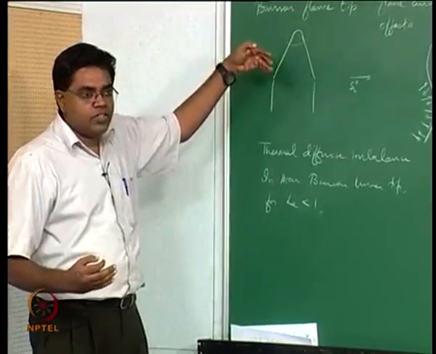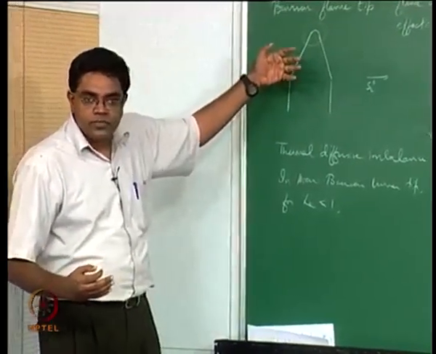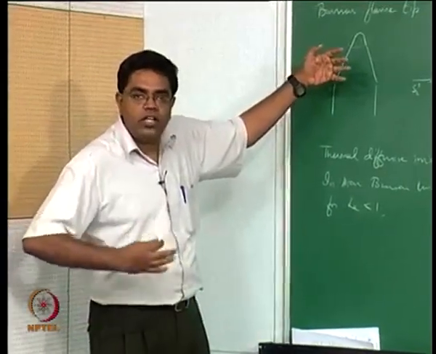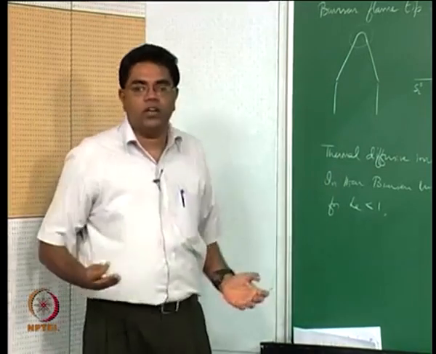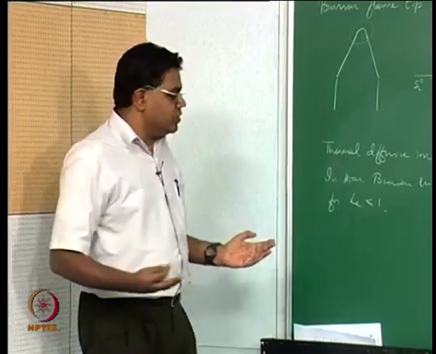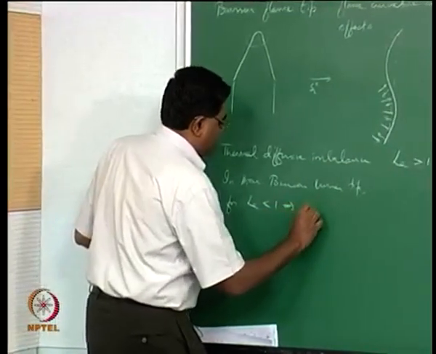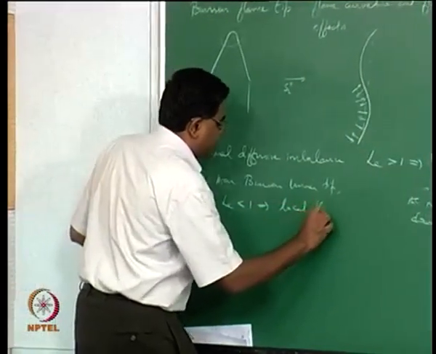So the flame is essentially running out of reactant even if it is trying hard to conduct heat upstream to heat up whatever is remaining of the reactants. So this could lead to a local flame extinction.